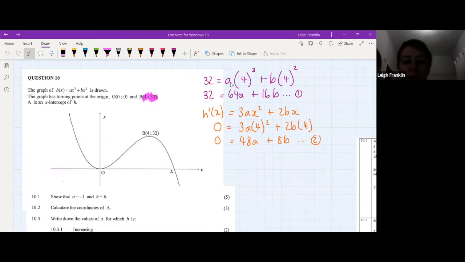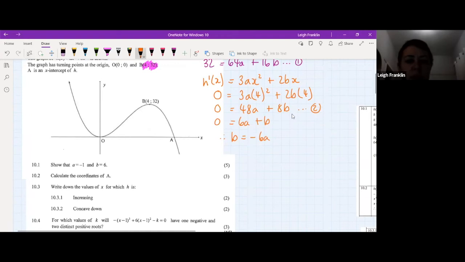So if you divide through by 8 here, you're going to end up with 0 equals 6a plus b. So that means that b would be equal to -6a, wouldn't it? And now you can take that and sub it in place of your b. So let's take our first equation, 32 is equal to 64a plus 16 times b, and b is -6a.